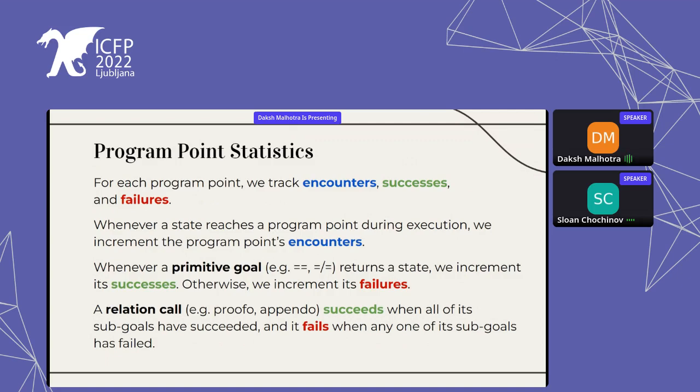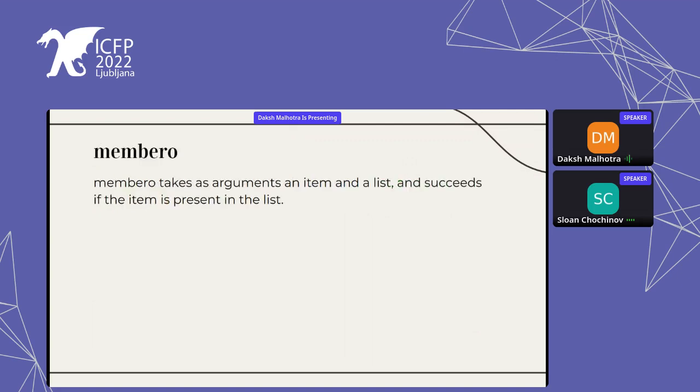Next, we are going to demonstrate how solution paths generated by the profiler can be used for debugging. In this example, we'll be looking at an example that might be familiar to some of you, member-o, which determines whether or not an item is present in a list.